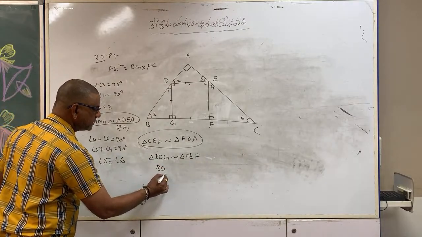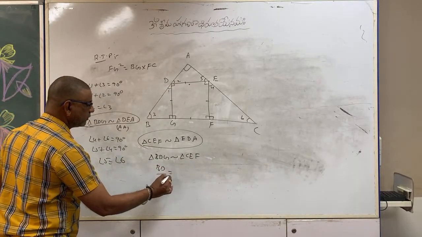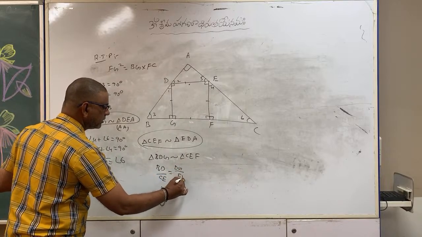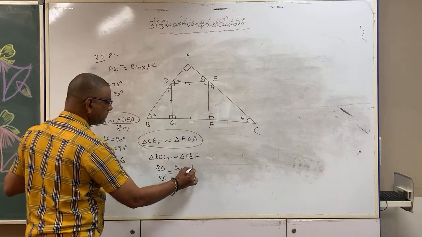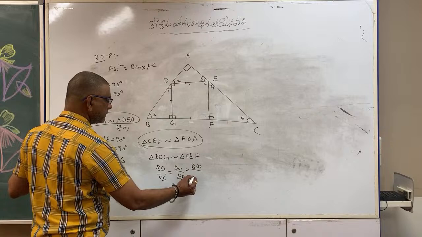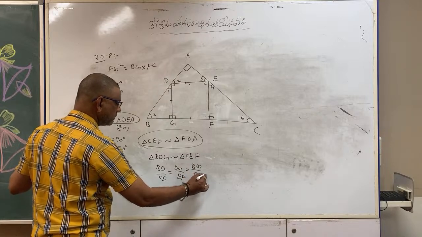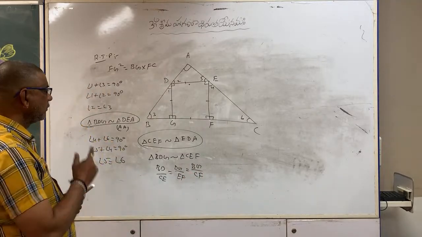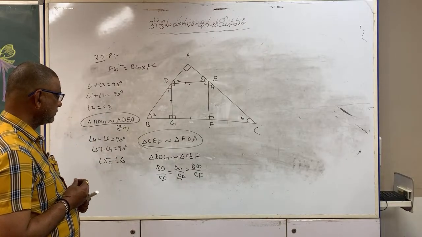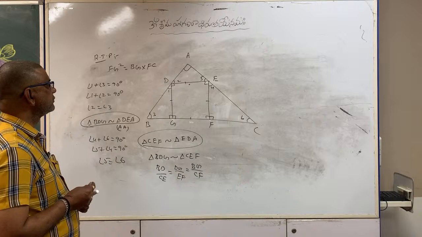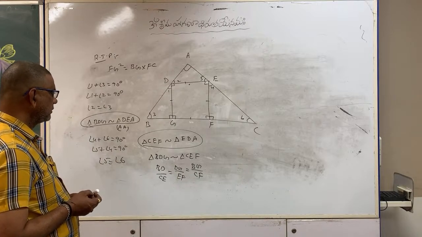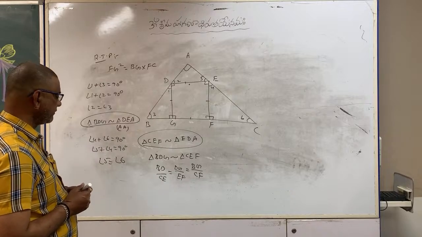BD by CE is equal to DG by EF is equal to BG by CF. Now what we have to get? GF. Where is GF? DG into FC.